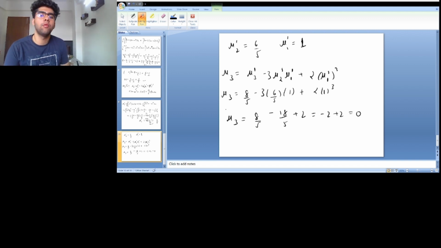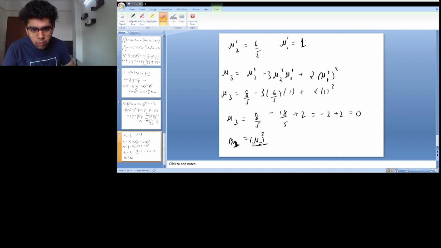Because the third moment with respect to the mean is 0. So automatically this was beta 1, and the formula for beta 1 was, I need to look up the formulas from the book, I don't remember them. So the whole square of the third moment with respect to the mean, right?